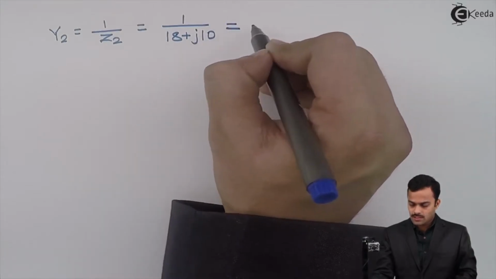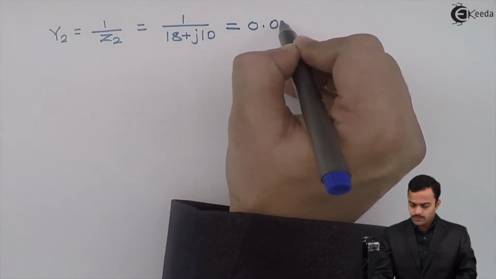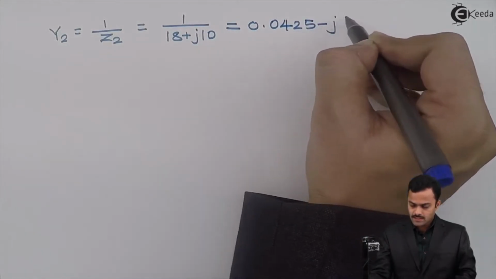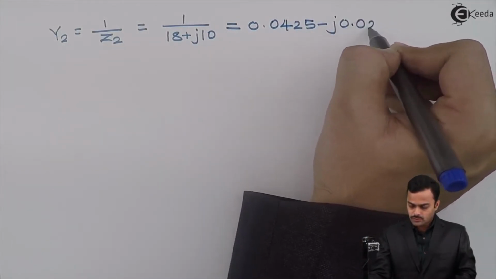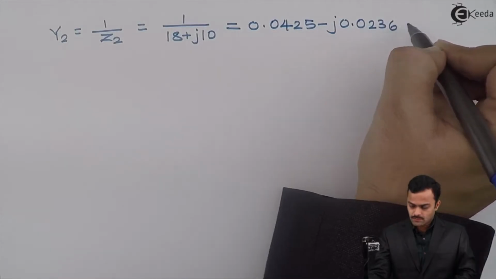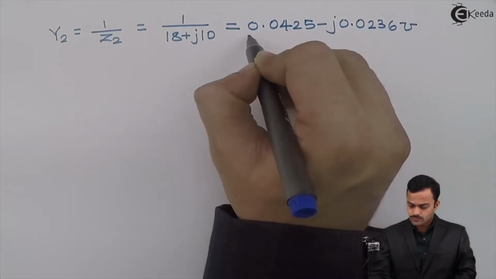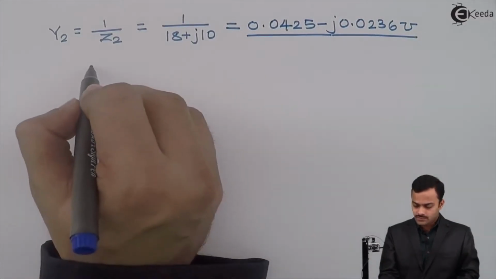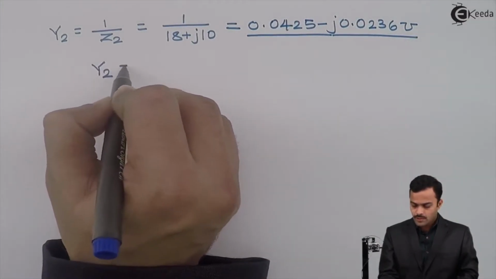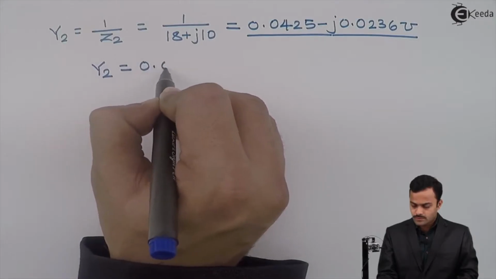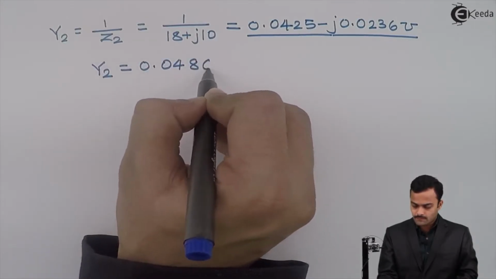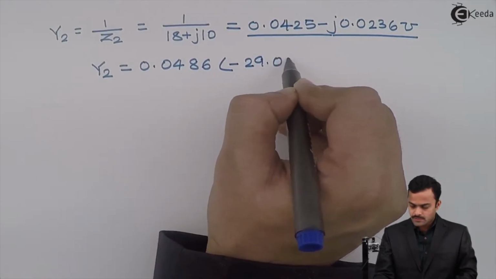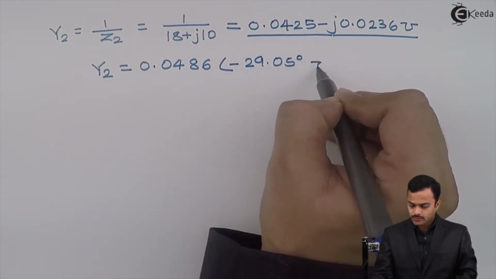If I solve, I will get 0.0425 minus j0.0236, unit is mho. Let's convert this into polar form. In polar form, Y2 equals 0.0486 at an angle minus 29.05 degree, unit is mho.